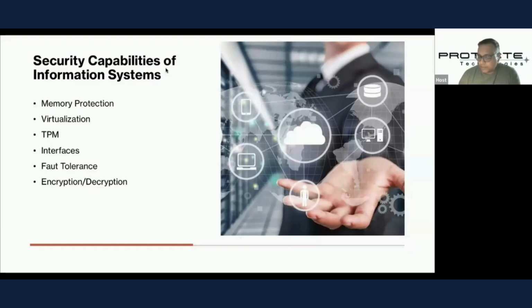First is memory protection. Now, what happens is you don't give access to memory directly. There are three classes of systems. Once you look at the computer architecture, the RAM is something which is used by the operating system, right?